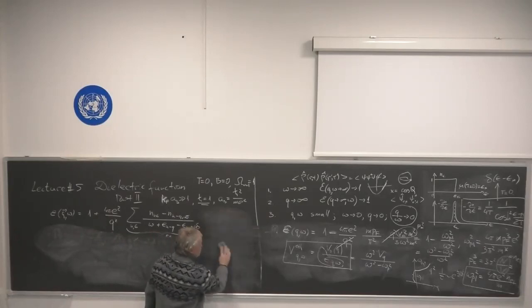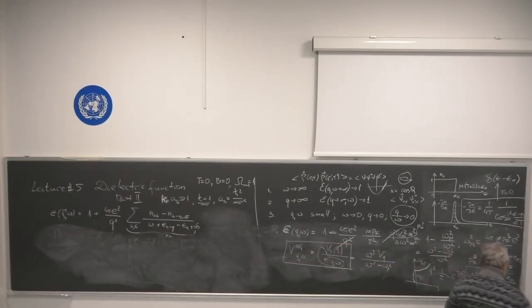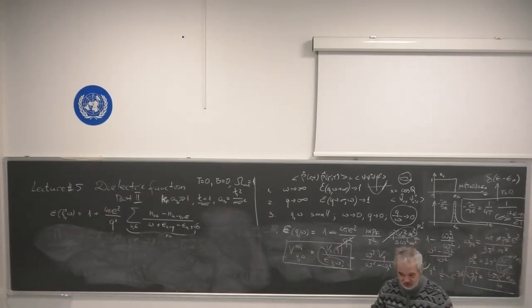In all your previous courses, you did something else, but this is a course of many-body theory. And many-body theory is not just statistical physics or quantum mechanics, thermodynamics, whatever. It's a mixture of everything. And in particular, in order to show you how many-body methods work, I computed this dielectric response.